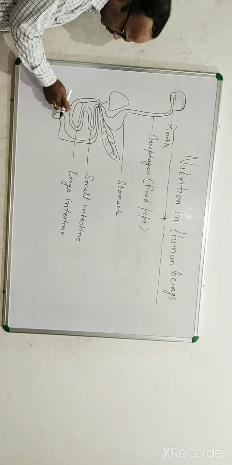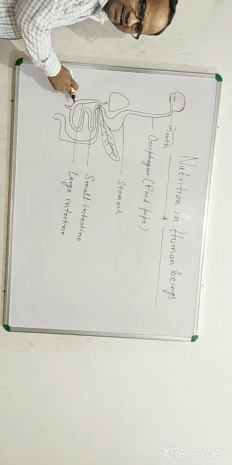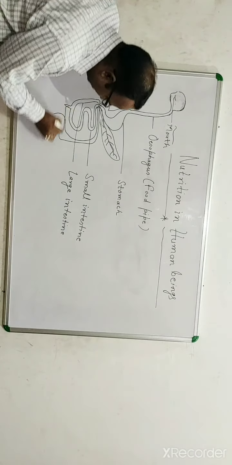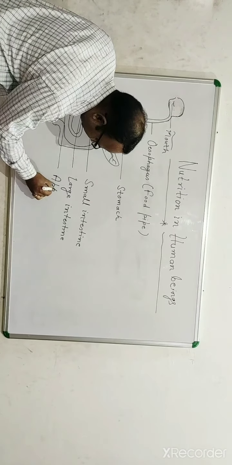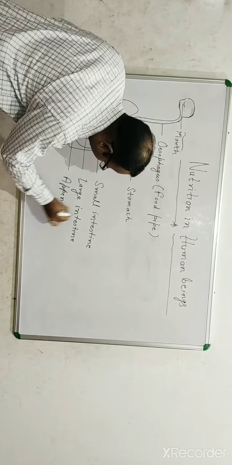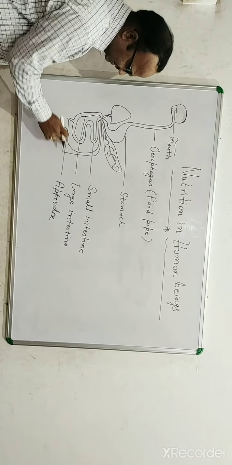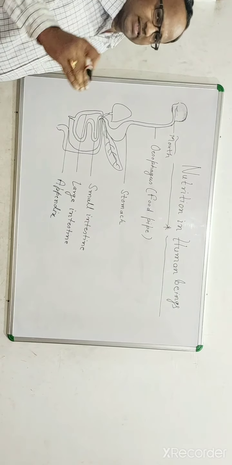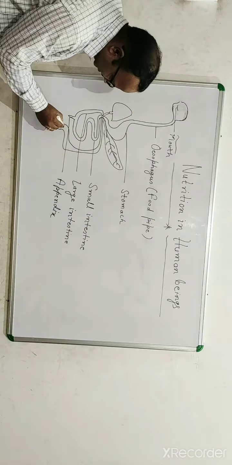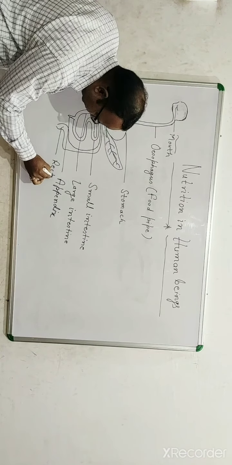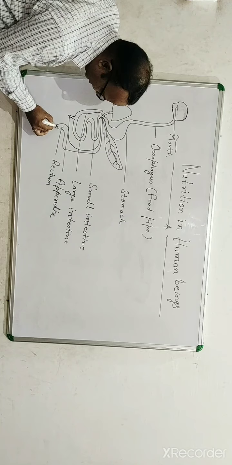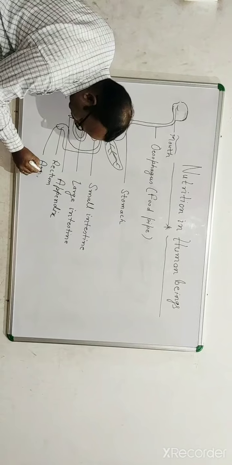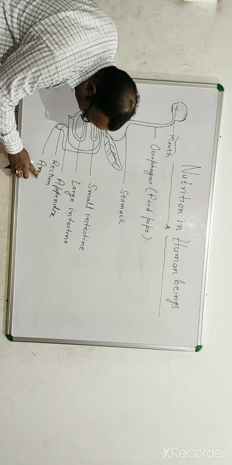At the junction of the small intestine and the large intestine, there is a vestigial organ called the appendix. Finally, the large intestine and the whole alimentary canal reach their final part, the storage chamber called the rectum, and finally the anus.